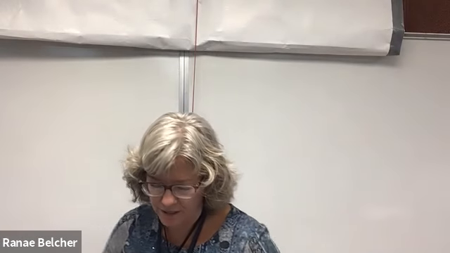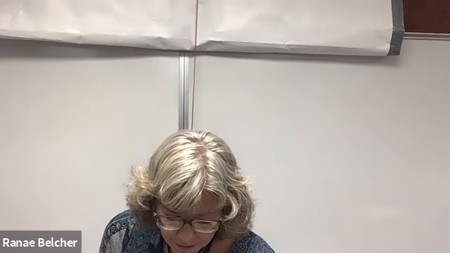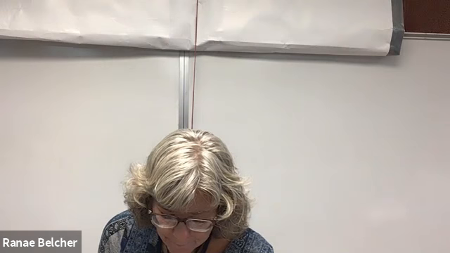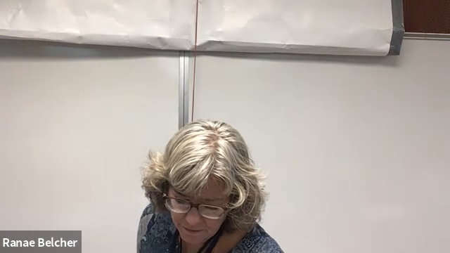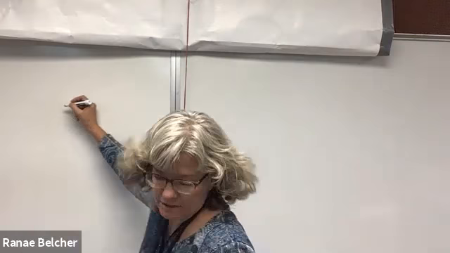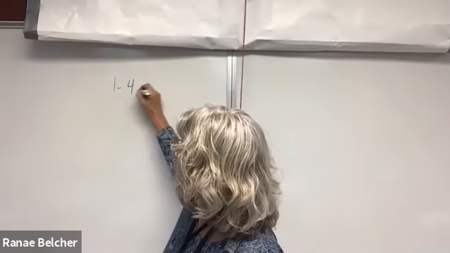Okay, so here is the assignment to start working on, and you can work on the board or on your paper. In fact, I think I might have y'all go at least at the board for 1 through 4.